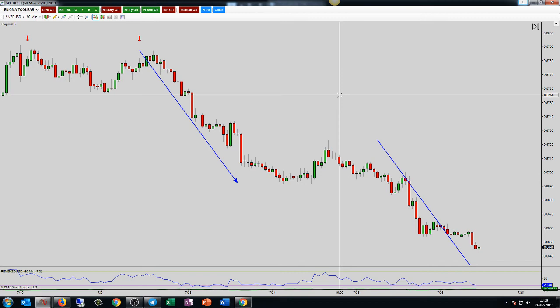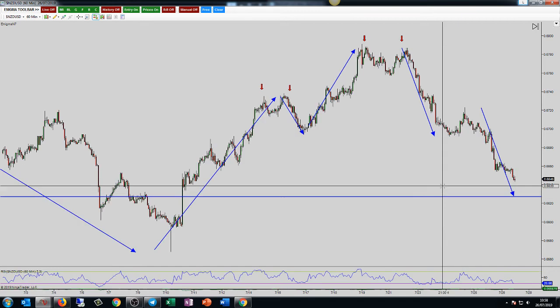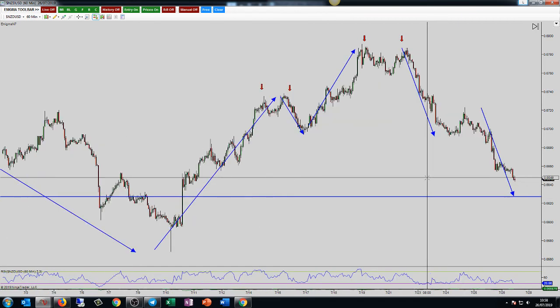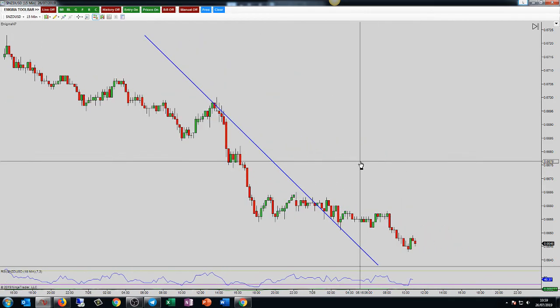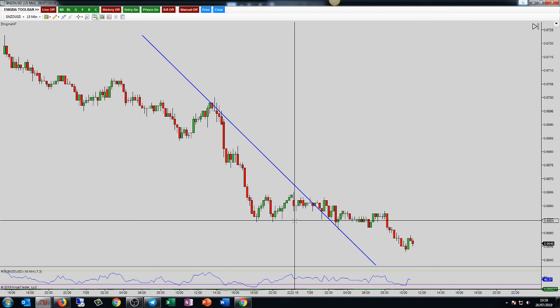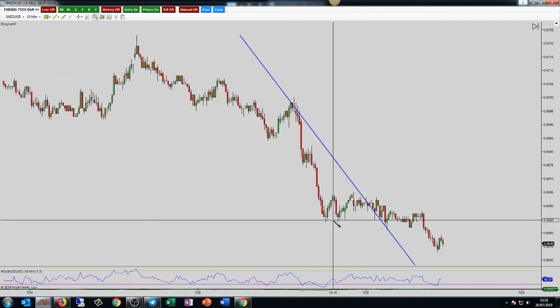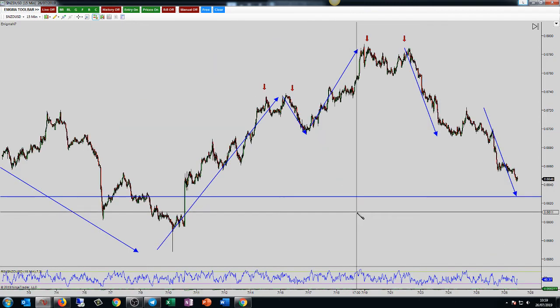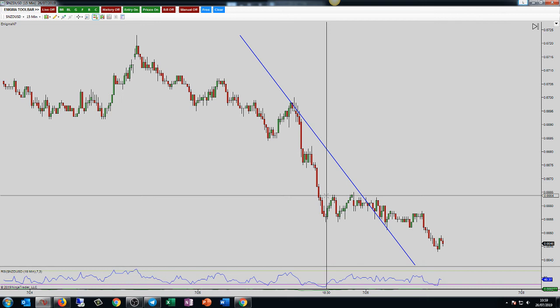Okay, so New Zealand dollar then. Not a great deal. Let's look at the 15. Not too much, guys, to be honest with you. Nothing that I'm really that interested in.